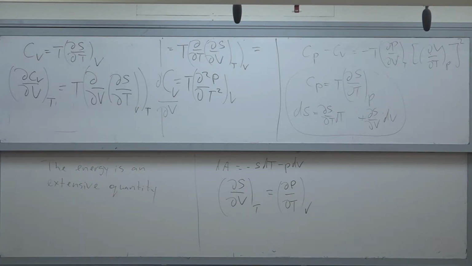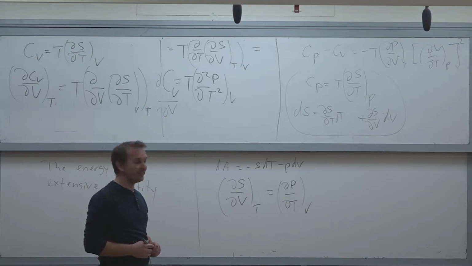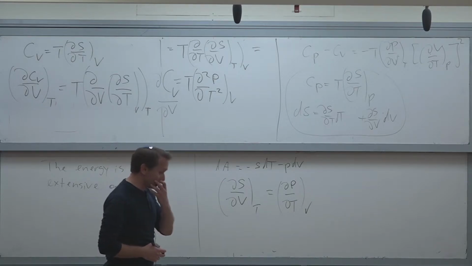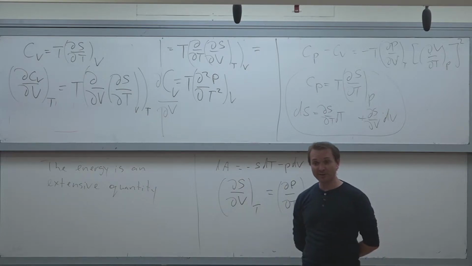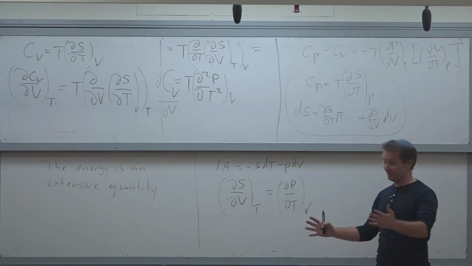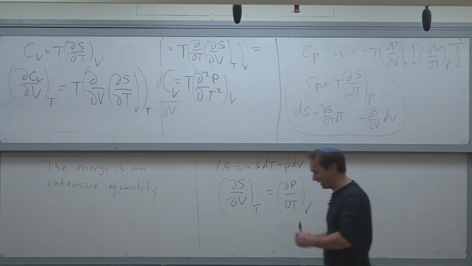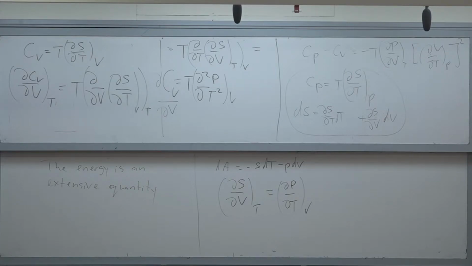Other questions? I've been wondering why you calculated the derivative of Cp. All right, so the question is, what is a measurable quantity? Why did I do it? First of all, to show you that I can. The second is that experimenters sometimes use those relations.